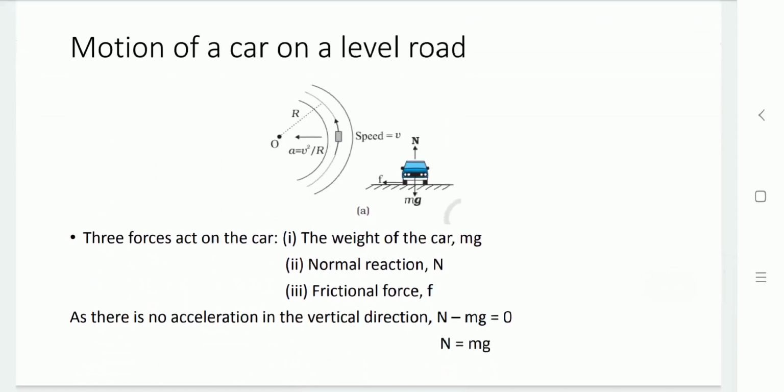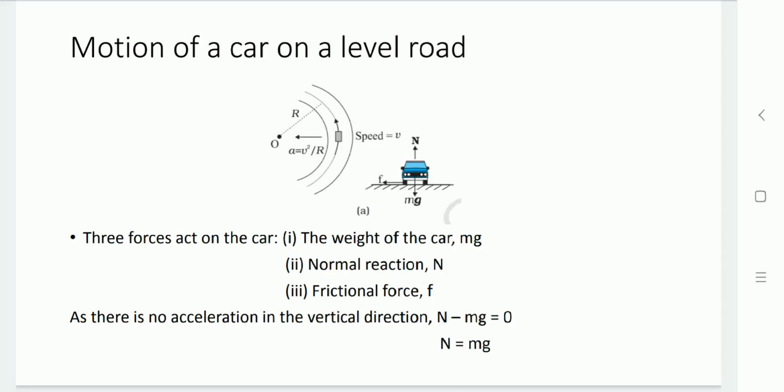While any car or object is moving, it experiences three forces. First, the weight of the car, the gravitational force due to earth, that is the mg force, always directed vertically downward.